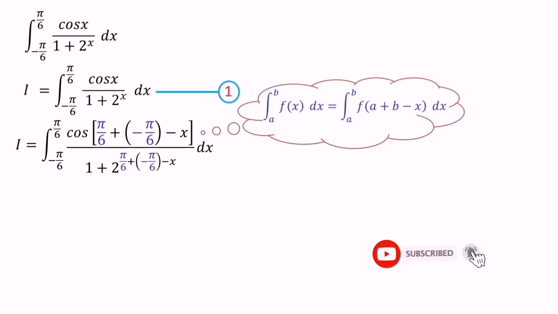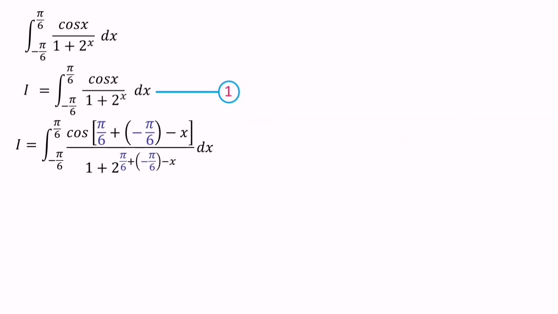In this case, a value equals minus pi over 6, b value equals plus pi over 6. We can cancel out pi over 6 for minus pi over 6. Then we have in the numerator cos minus x, in the denominator 1 plus 2 to the power of minus x.